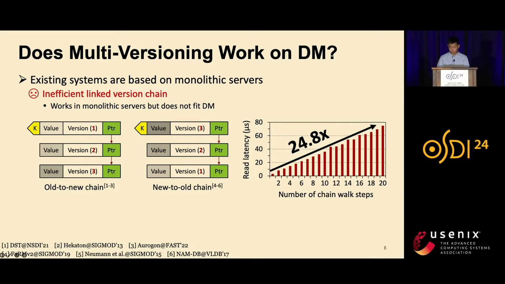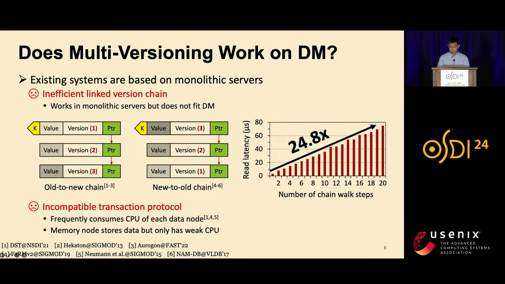As the number of chain-walking steps increases, the RDMA read latency grows linearly. Second, the transaction protocol in prior systems frequently consumes the CPU in each data node to execute substantial tasks. Unfortunately, this is not compatible with the weak CPU in memory nodes.